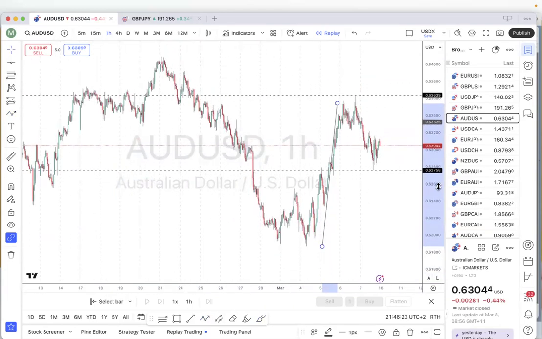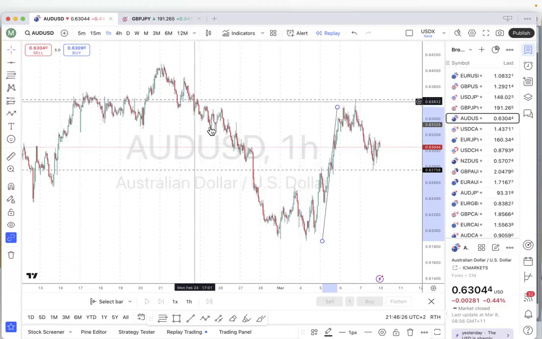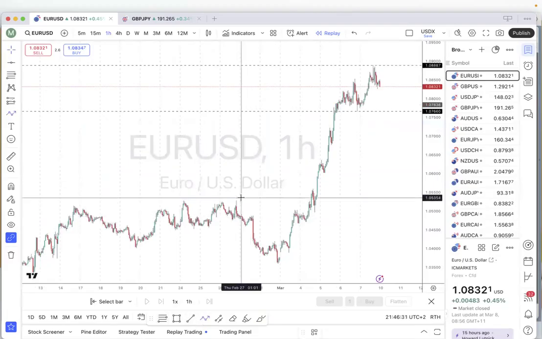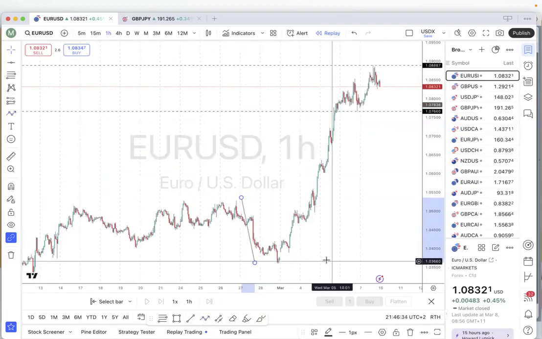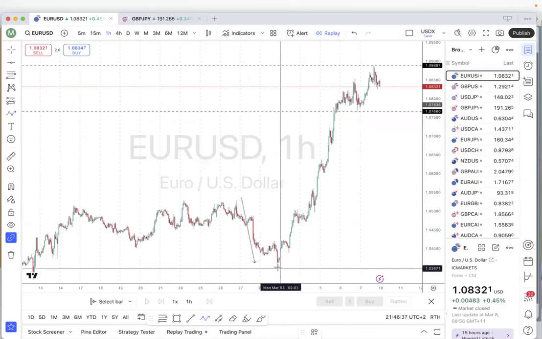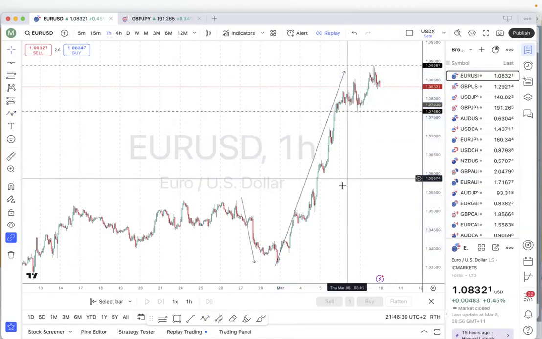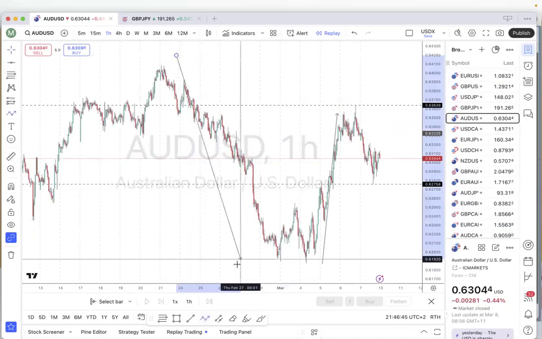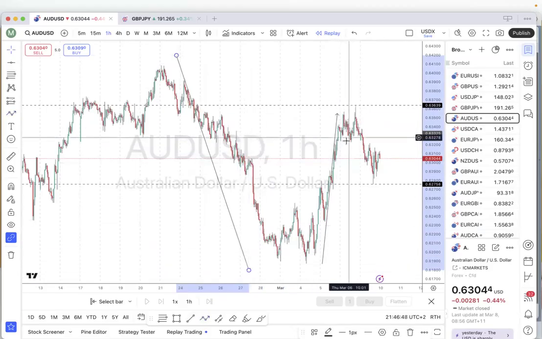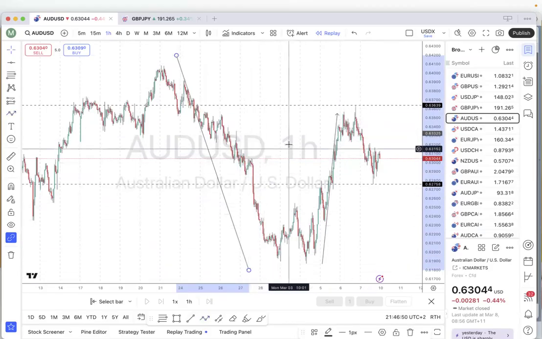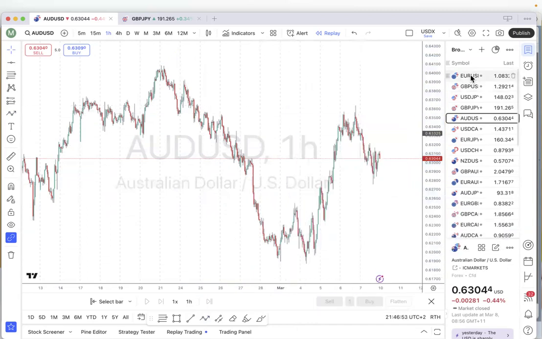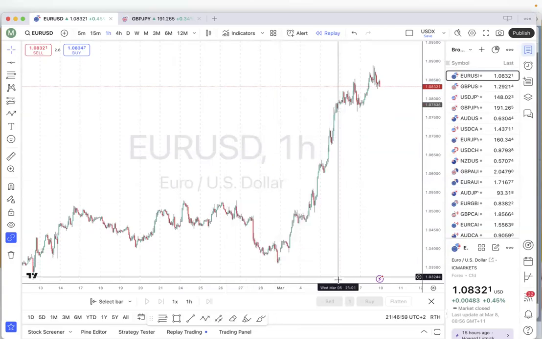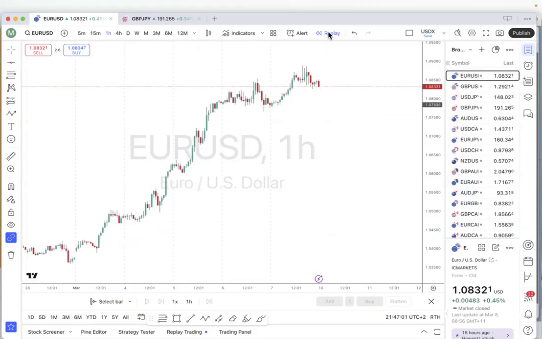If you look backwards, AU has moved a complete cycle, but EU only moved from here to there, just to a reset. After that, it moved a complete cycle, yet AU did not do that. It actually did the opposite. It moved a complete cycle, and then from there, it did not move a complete cycle. So those are the things that you need to look at on an individual level, in as much as you are anticipating certain moves when it comes to USD pairs.